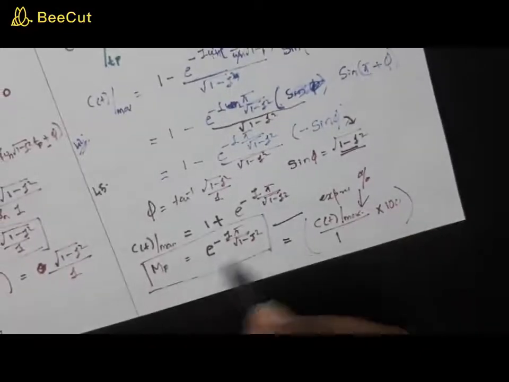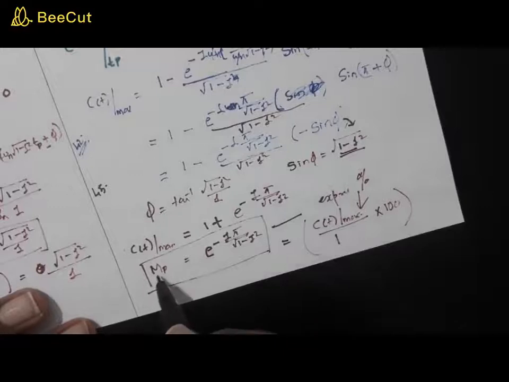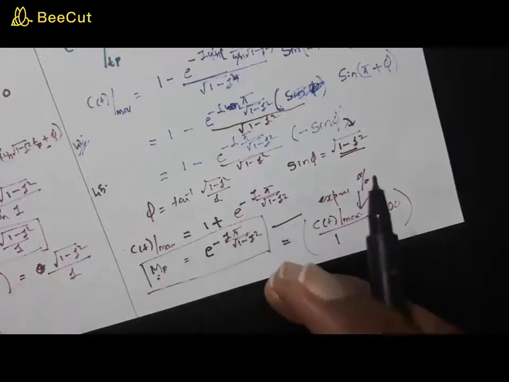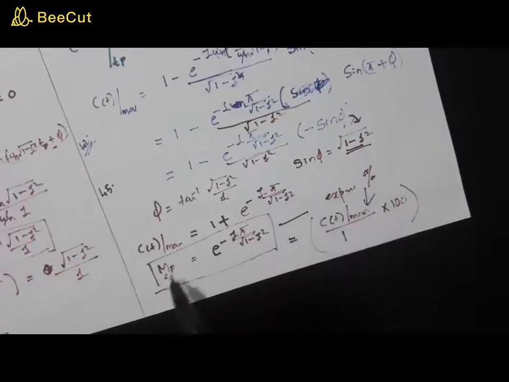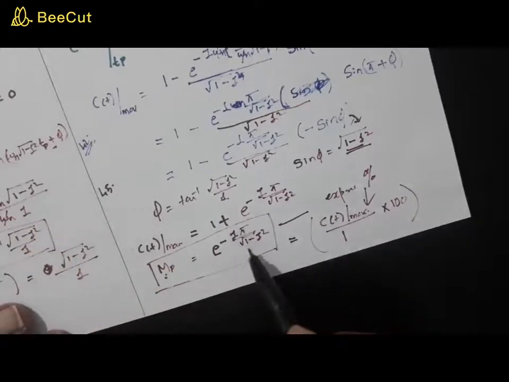Now one more point is that from this maximum overshoot you can have a relationship or a graph concerning MP and theta. You can see that this MP depends on the value of theta, right? As theta increases or decreases, there is a change in this MP. As we can find in this equation, as theta increases, 1 minus theta square becomes smaller and smaller.